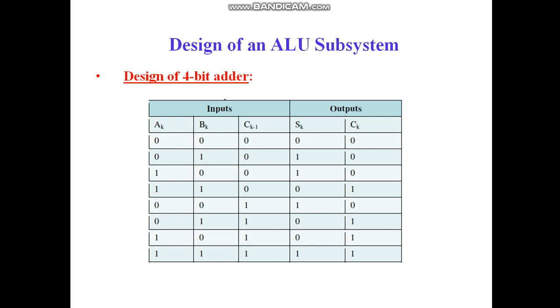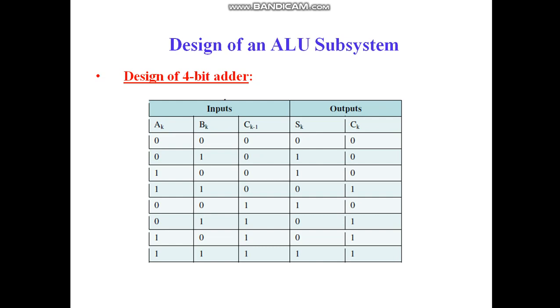Now from the truth table, we will try to find the relationship between SK and the inputs as well as CK and the inputs. Here, as three inputs are there, we have a total of 2 to the power 3, that is 8 different combinations of inputs.